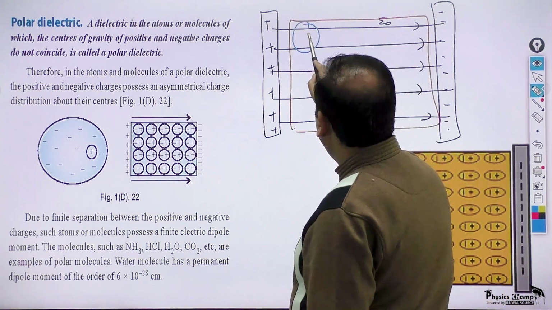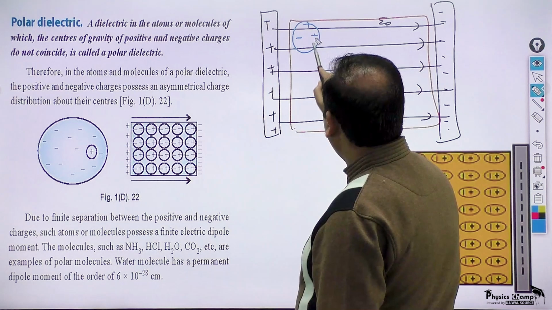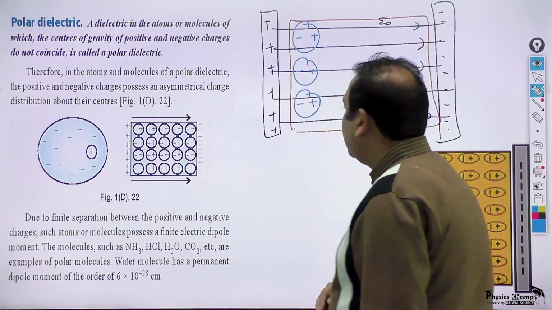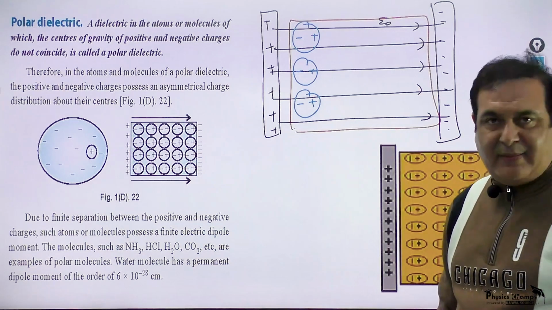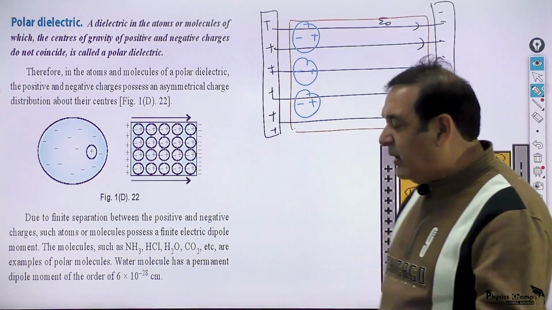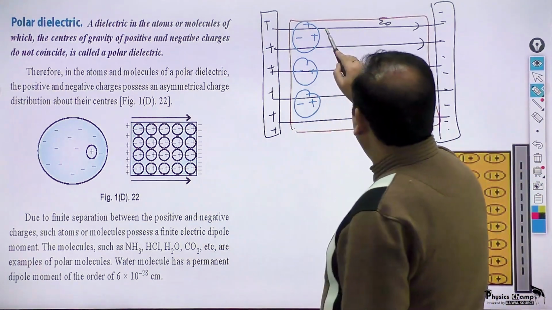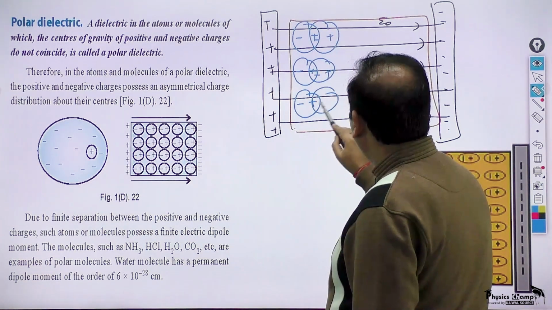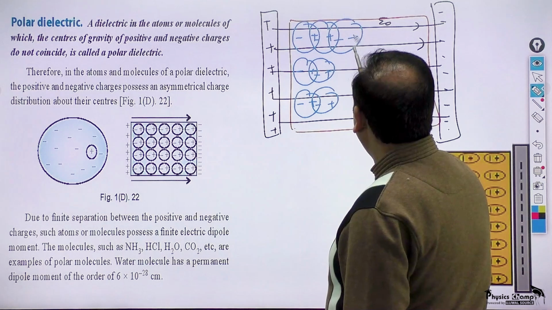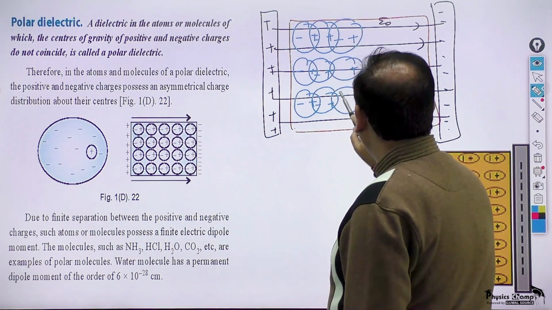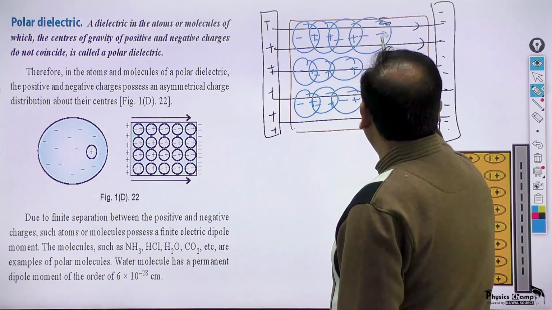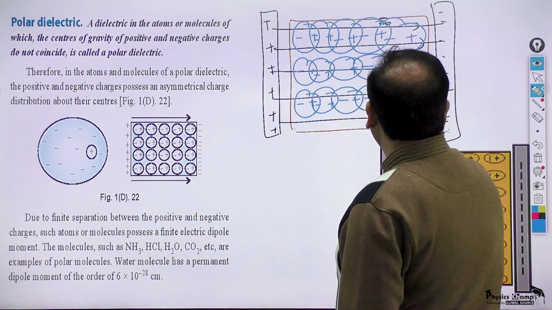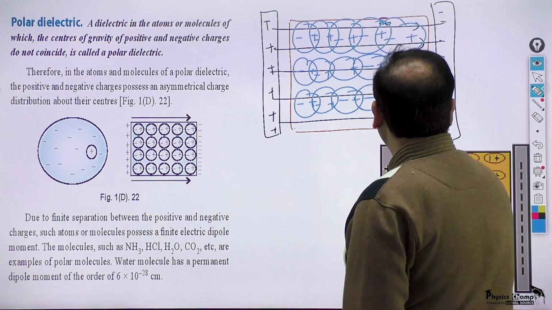So its negative would come here and positive would come here. I am talking of any molecule. It can be polar or non-polar. It will get slightly polarized and will get aligned. Now next molecule would be aligned like this, and next molecule like this, and then further.